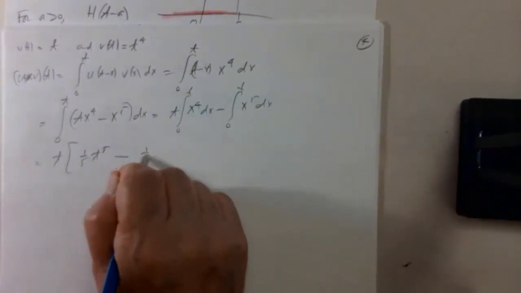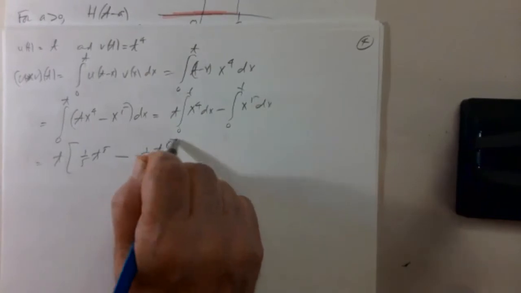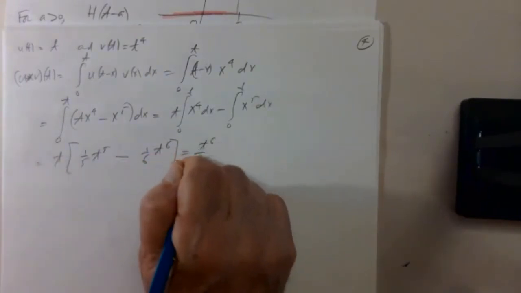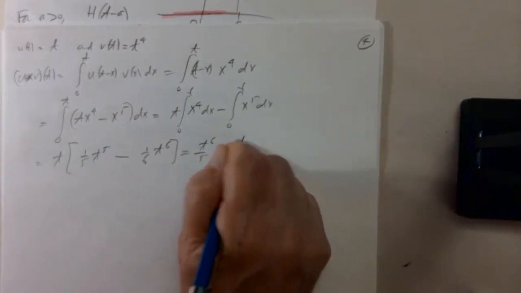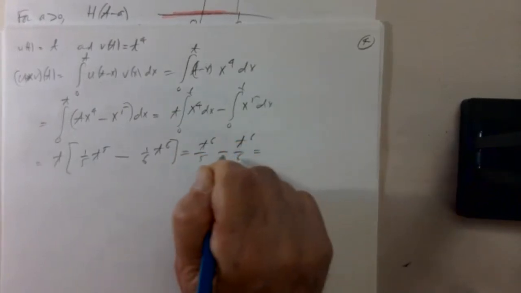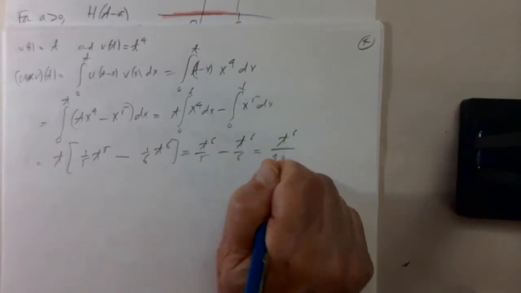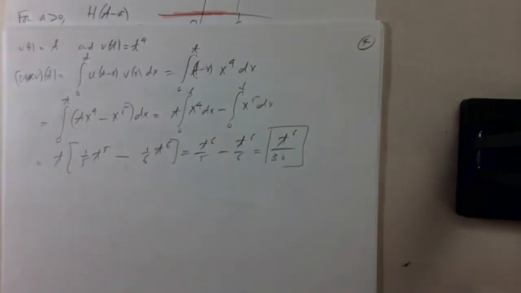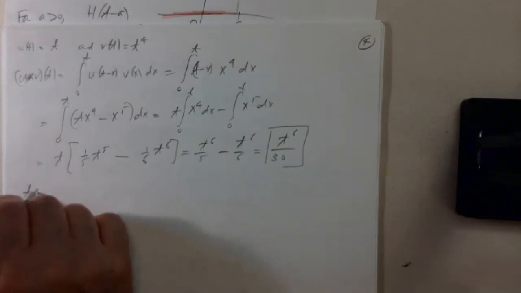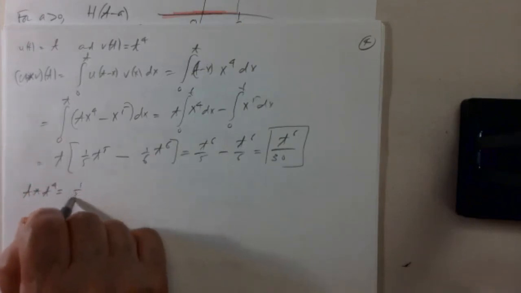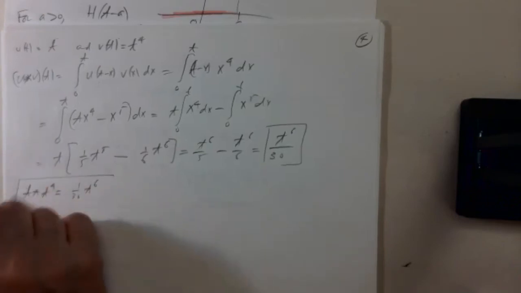And this is 1/6 t to the sixth. So this is t to the 6 over 5 minus t to the 6 over 6. And 1/5 minus 1/6 is 1 over 30. So t convolved with t to the fourth is 1/30 t to the sixth.